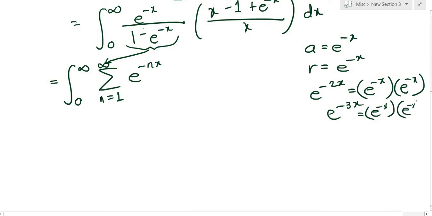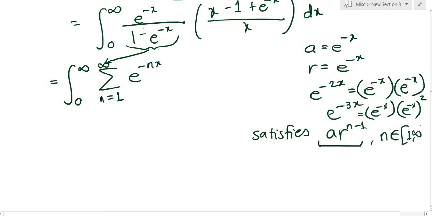So common ratio raised to the n minus 1 power, and n is 3 over here, so 3 minus 1, 2. So it's basically satisfying the general form of a GP, a geometric series. So it satisfies the a r raised to n minus 1 form of a typical geometric series when n ranges from, say, 1 to infinity.